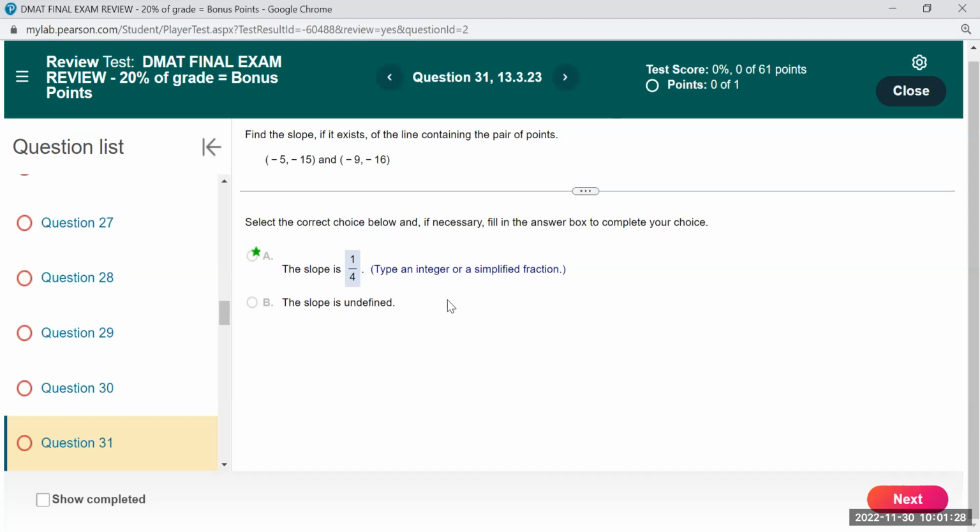Find the slope, if it exists, of the line containing 2 points. Good. This is stuff we did earlier. -5, -15 is the first point. -9, -16 is the second point. Find the slope.